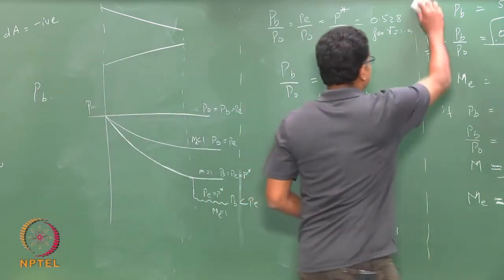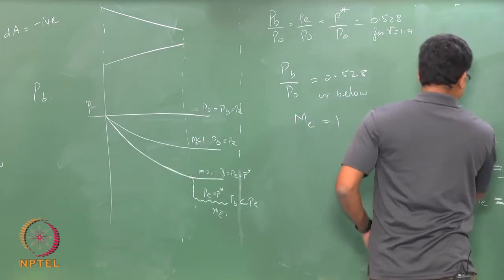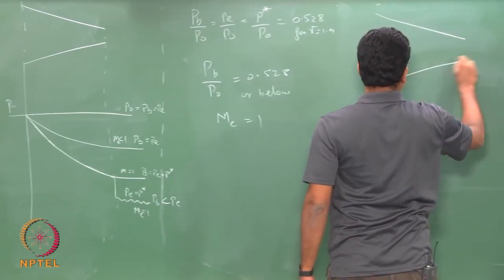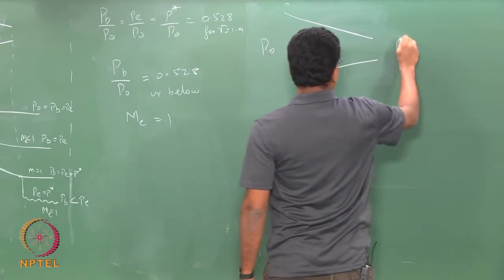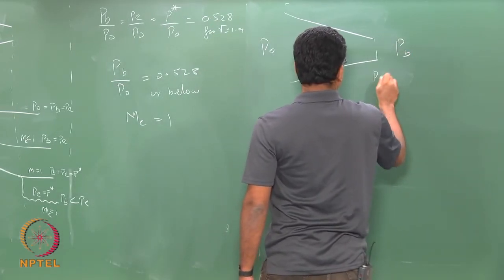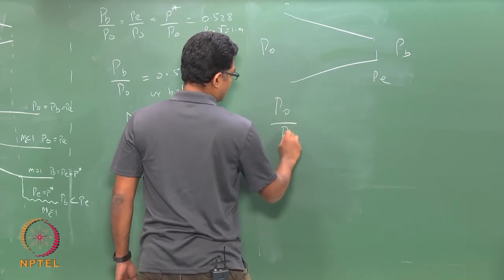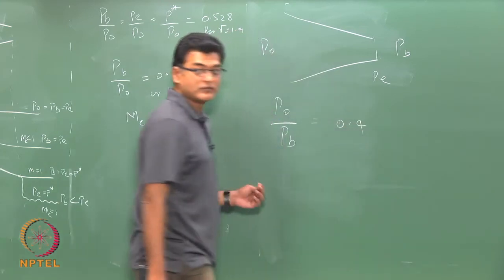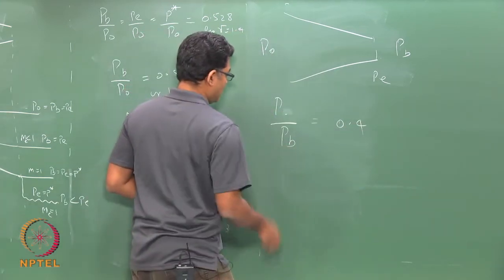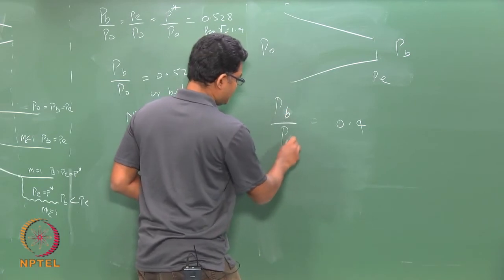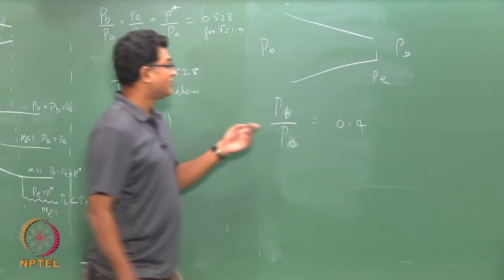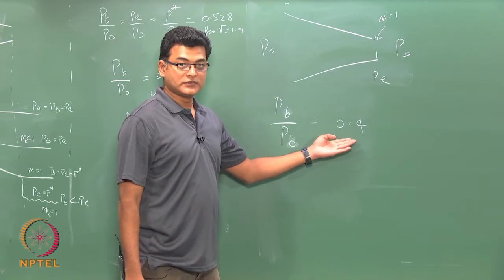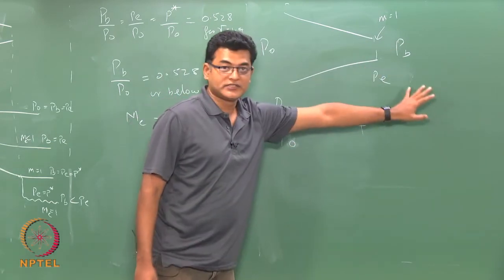Okay. So, if I have a nozzle, P0, PB, P exit. Now, I have a nozzle, PB by P0 equals 0.4, which means that the Mach number here is 1, and I have something happening outside the nozzle.